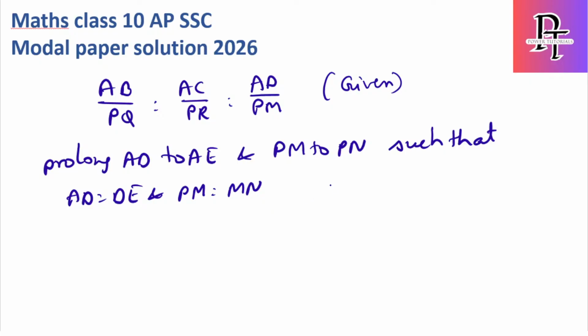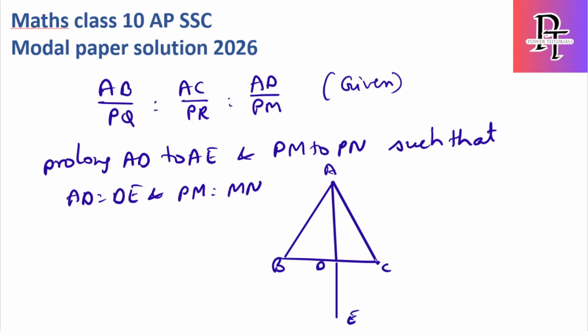I'll draw it here. This is ABC. We have point D here, and we have prolonged it to E. The condition is AD is equal to DE. In the same way, draw another triangle PQR.